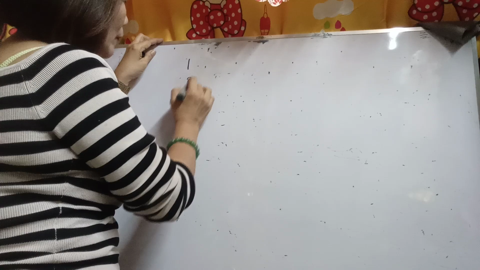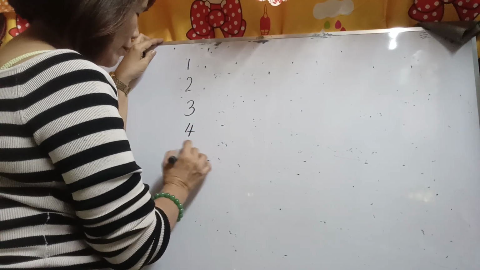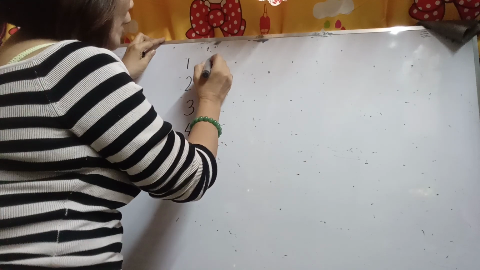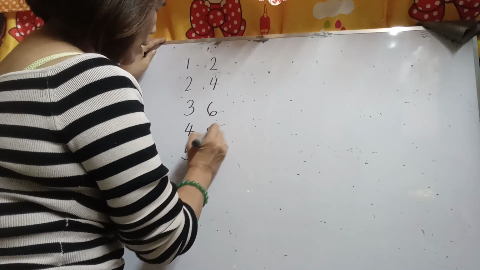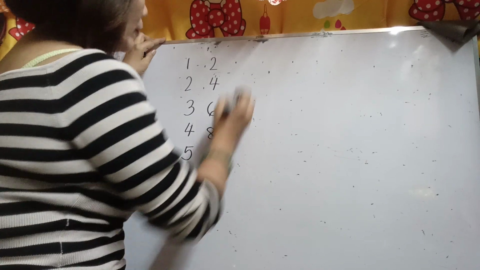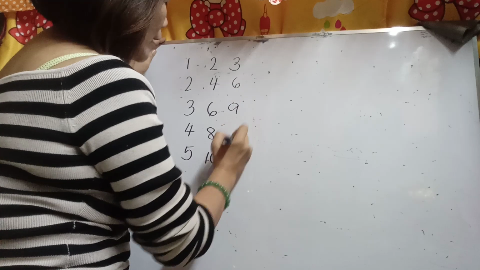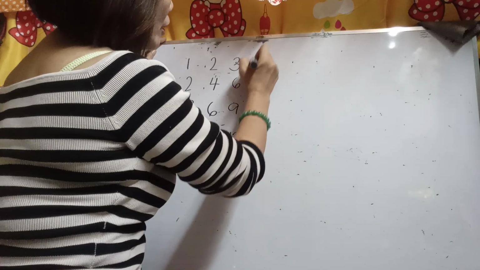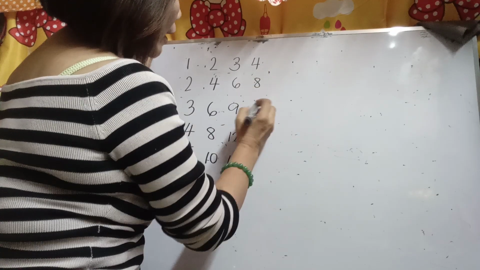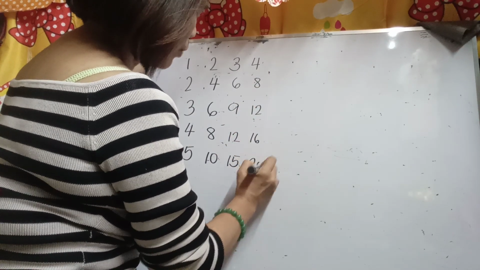Okay, so 1, 2, 3, 4, and then 5. Okay? And then here we have 2, 4, 6, 8, and then 10. Then here we have 3, 6, 9, 12, and then 15. And then here we have 4, 8, 12, 16, 20.